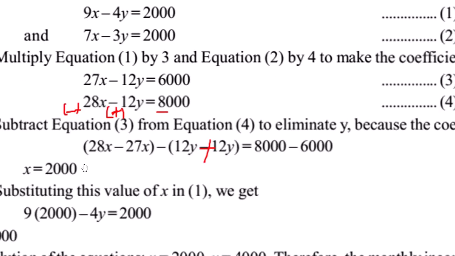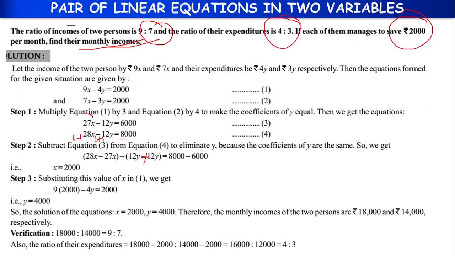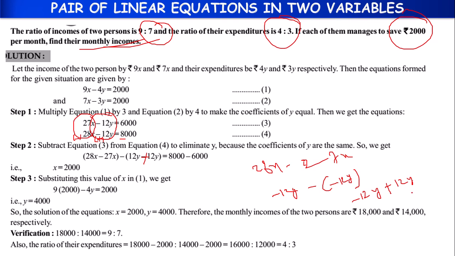Because here these two, 28x minus 27x, and next these two, minus 12y minus of minus 12y, which will become minus 12y plus 12y.